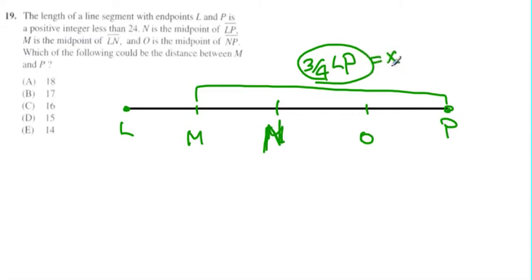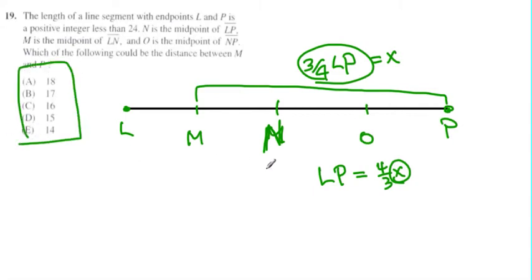Then, given this value, since this has to be an integer, LP will be equal to 4/3 times x. x is the value that we are looking at over here.